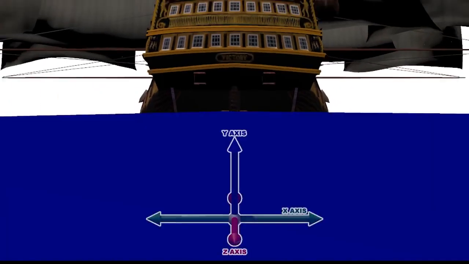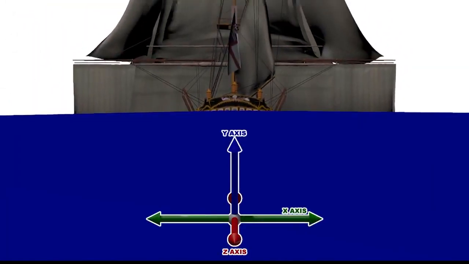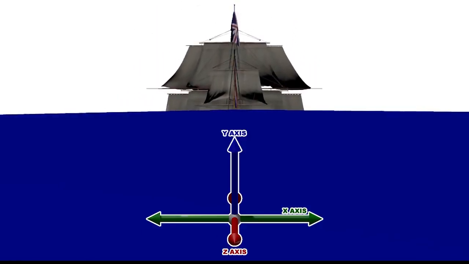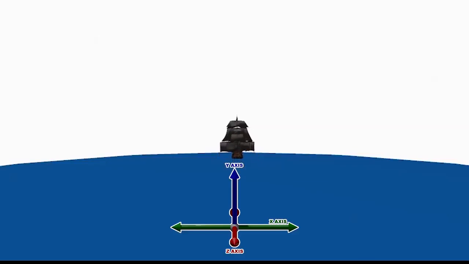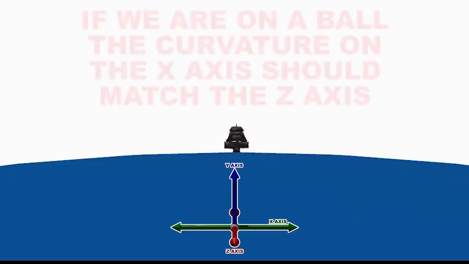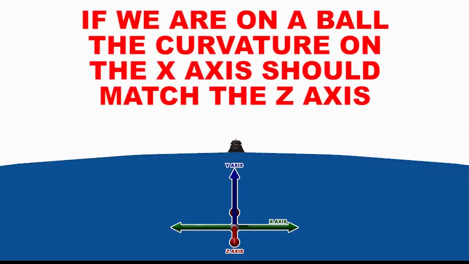And speaking of myths, people who think ships are disappearing over the curve in less than 10 miles distance, it's got to work both ways. I mean, if we're on a ball, then when the ship is going away from you on, let's say, the z-axis, from you to a point away from you, and it's rolling over the ball in less than 10 miles, then you should have the exact same effect looking left to right on the x-axis.